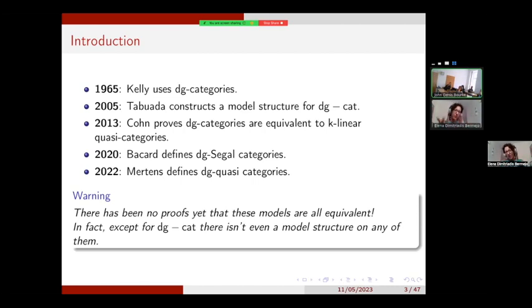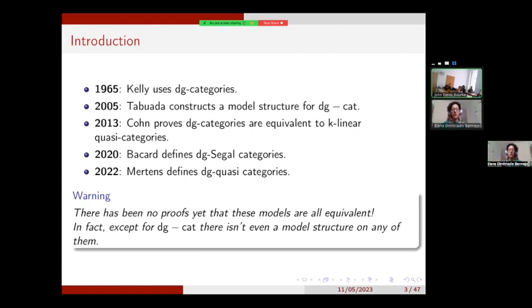So, as I said, some researchers in the last few years have been trying to find other models for DG categories. In 2013, Cohn proves that DG categories are equivalent as quasi-categories to K-linear quasi-categories, which is a great result, but K-linear quasi-categories are not exactly easy to use.